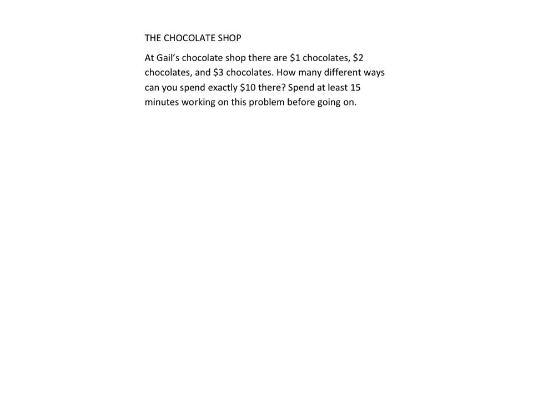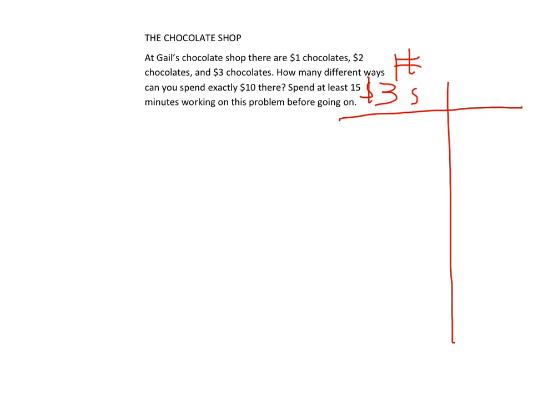There's a number of ways of doing this, but what we're going to do is keep track of how many $3 chocolates we buy and then how many ways there are of completing the $10. So number of $3 chocolates and the number of ways.